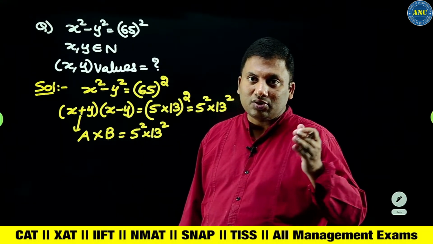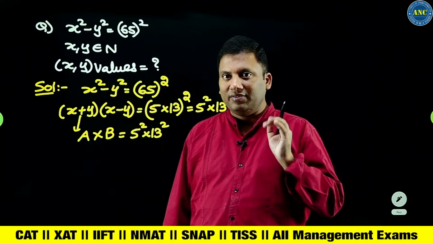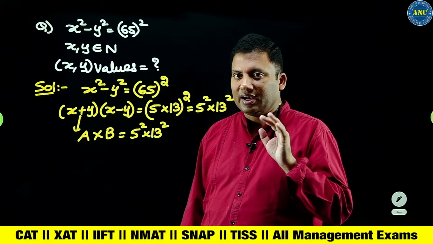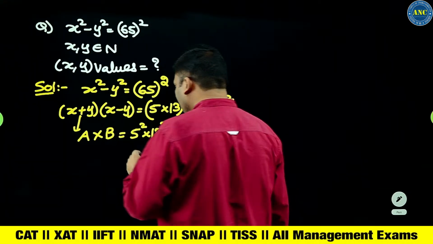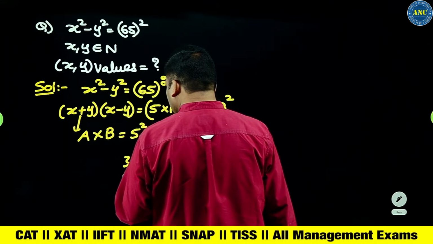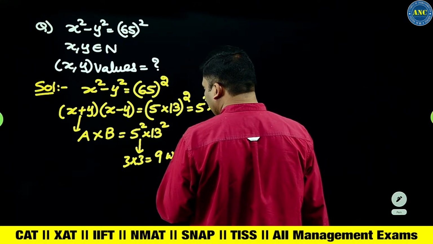That is the reason you should not miss any of the previous classes. In the previous class I discussed the number of ways of writing a number as a product of two factors. It is equivalent to the number of factors. 0 to 2, 3 cases, 0 to 2, 3 cases. 9 ways I will get.